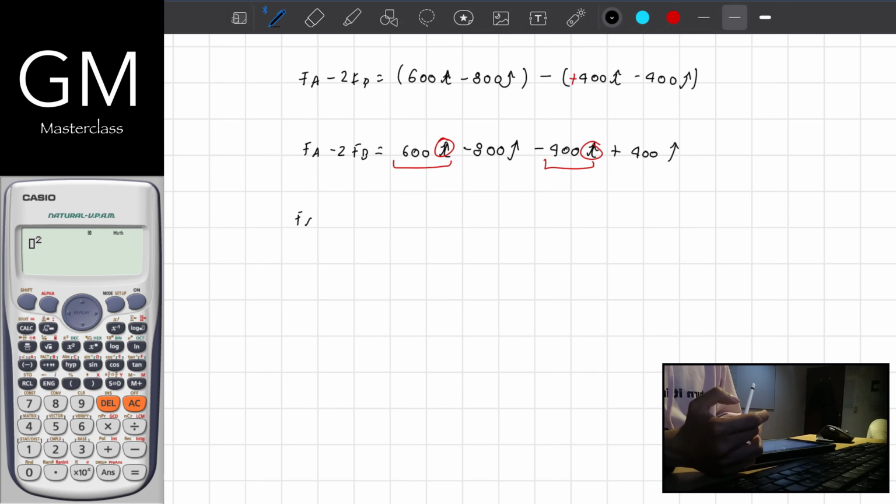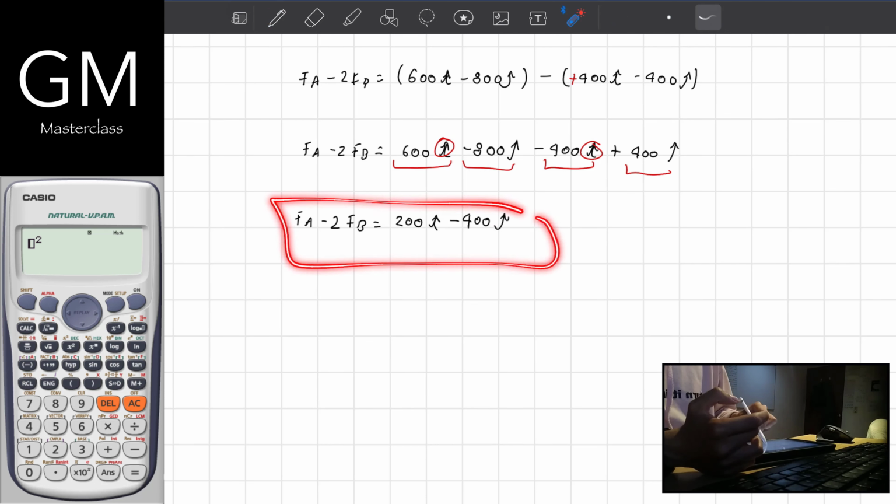So FA minus 2FB is equal to 600 minus 400, which is 200 in the I direction. I'm going to do the same thing for these two values, minus 800 plus 400, which is equal to minus 400 in the J direction. And we have here our resultant vector.